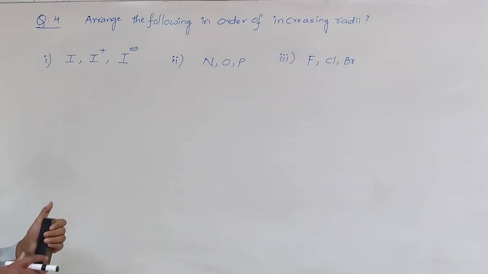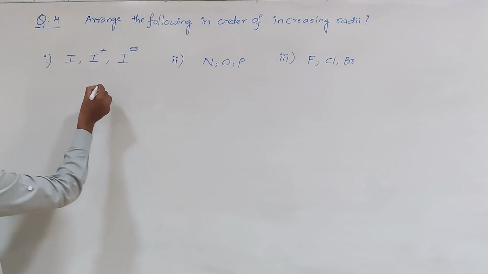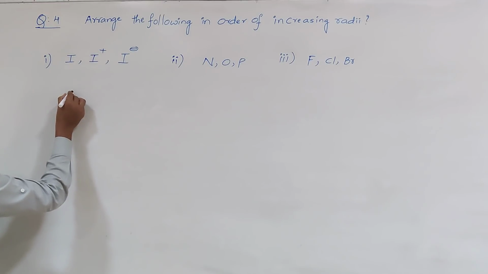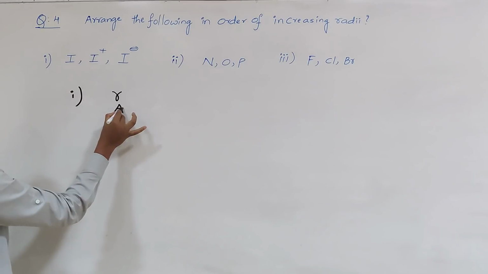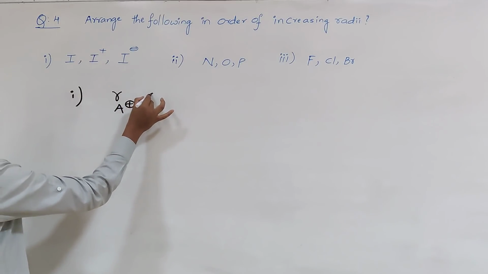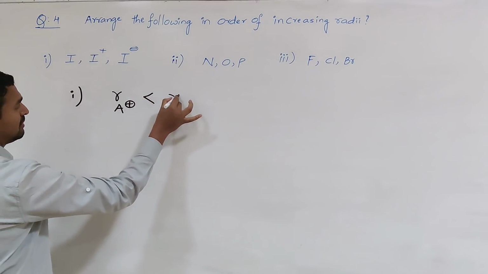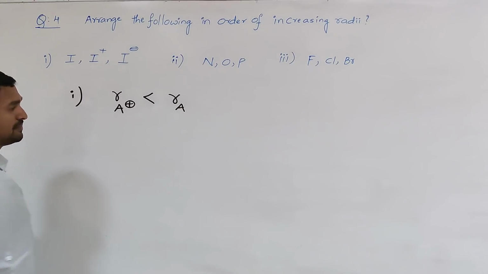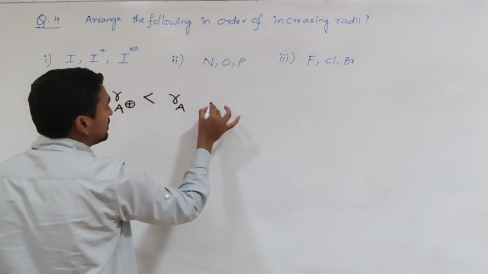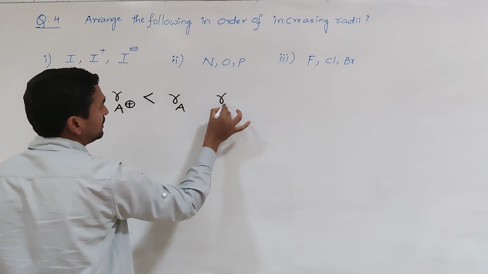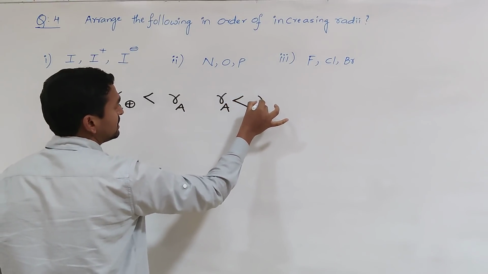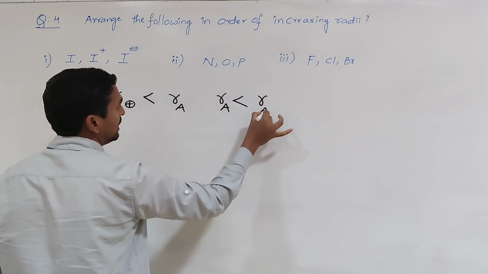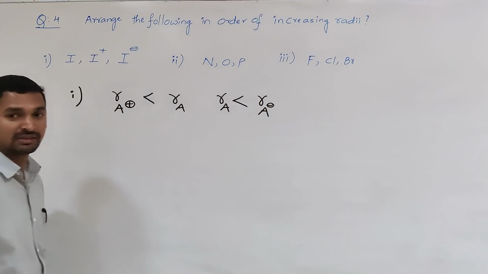The study of ionic radii concludes two statements. The first one is that the radius of the positive ion is always less than the radius of its parent atom A. And the radius of the parent atom is always less than the radius of its anion A minus.